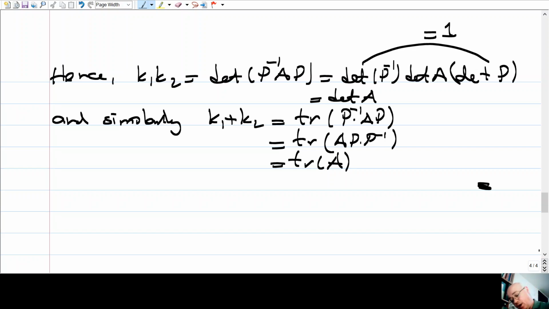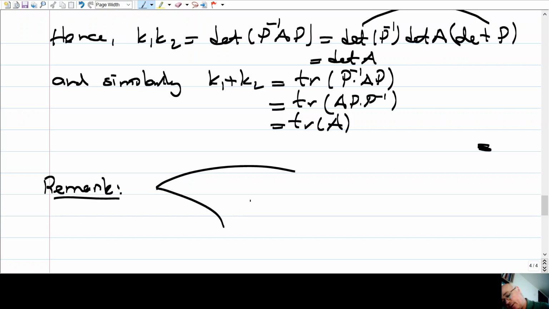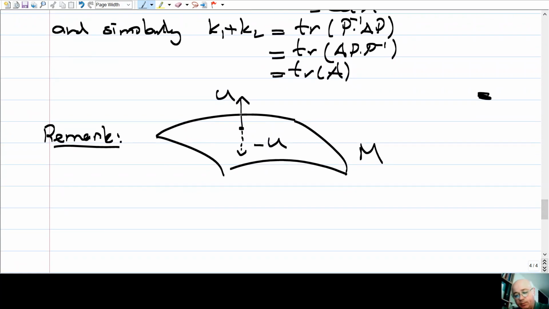One other remark is this. On the surface M, I have, let's say, a normal field U, but then I have the normal field minus U also. So we wonder what happens if we replace this orientation with this orientation.